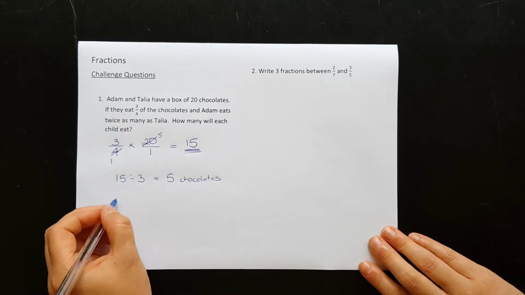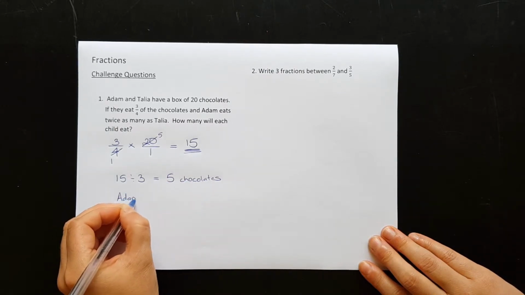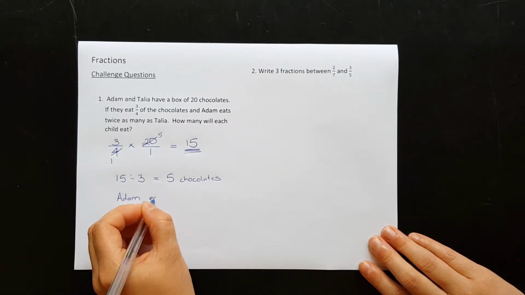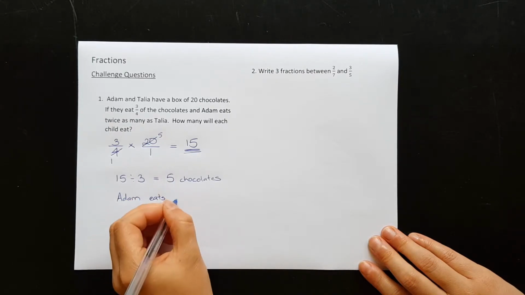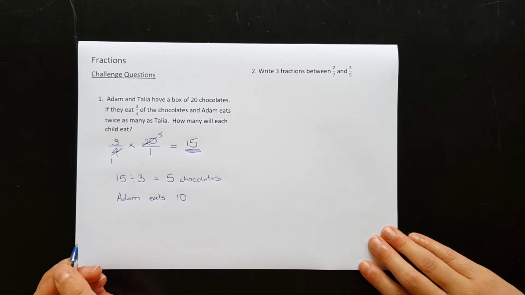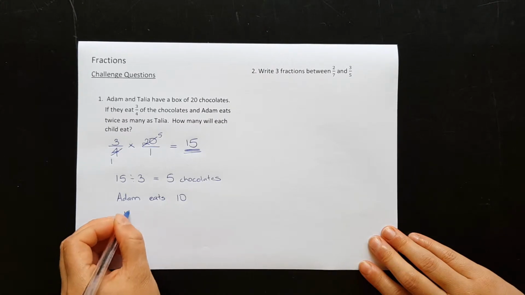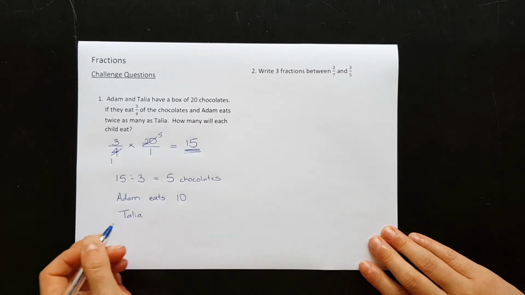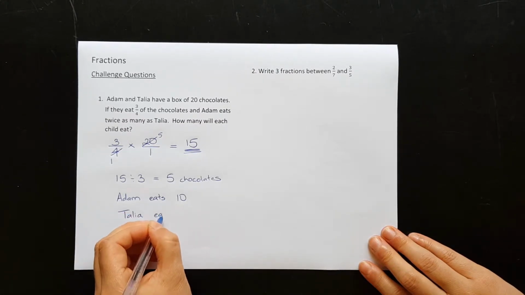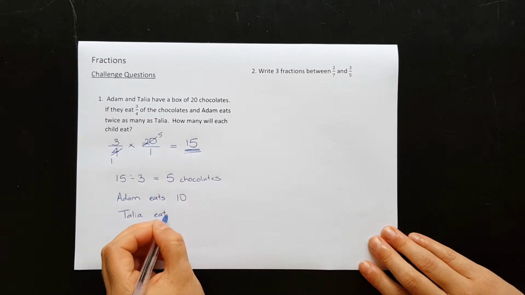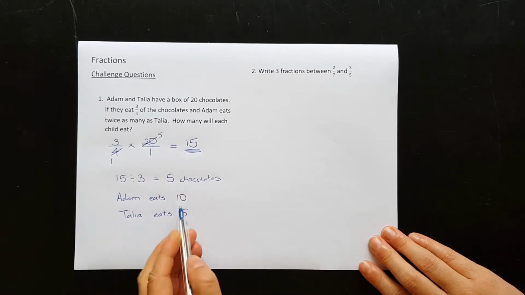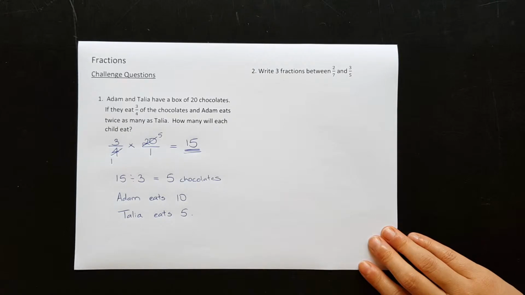Okay, so that means that Adam, who eats 2 shares, will eat 2 lots of that, which is 10 chocolates. Talia, who only eats 1 share, will eat 5 chocolates. So altogether, that's the 15 chocolates that get eaten.